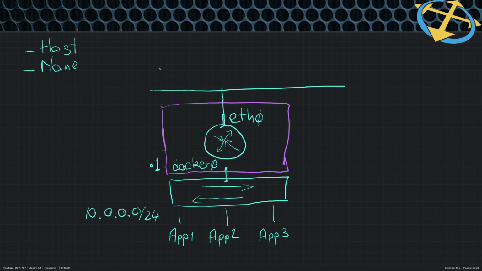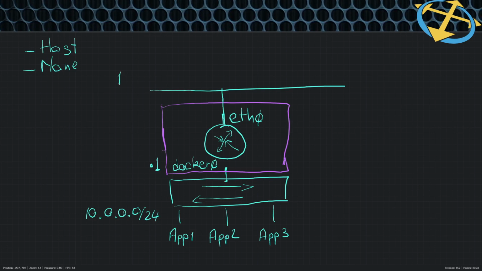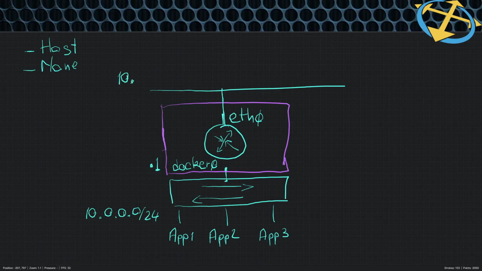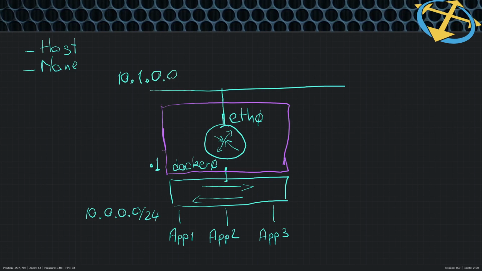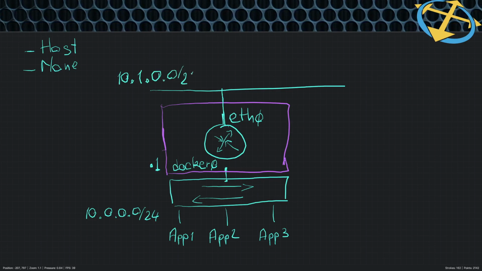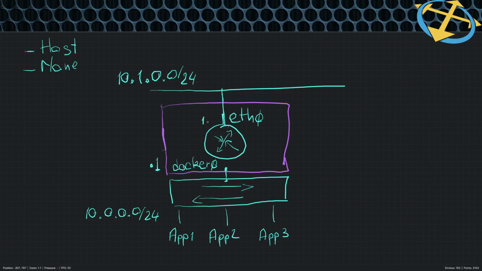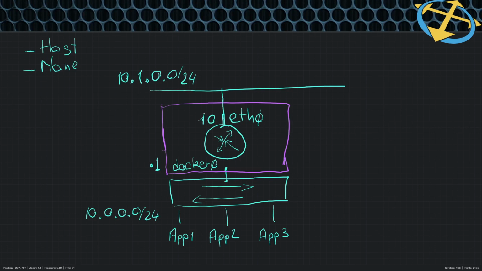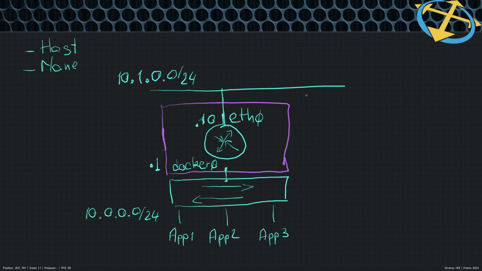So here on this physical network, I have another IP class. Let's say here I have 10.1.0.0/24. All right, and here I have the IP .10.